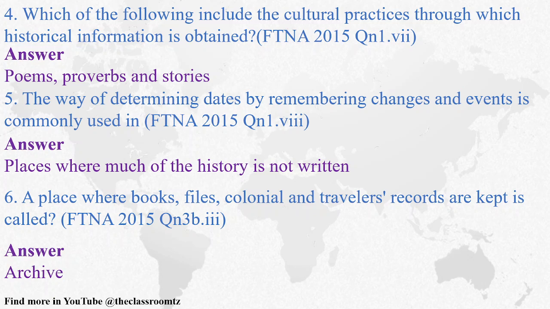Make sure you can differentiate between an archive and a library. In the archive, we keep past records, but in the library, we keep past and present records or documents. So the place where these books, files, and travelers' and other chronicles are kept is called the archive.